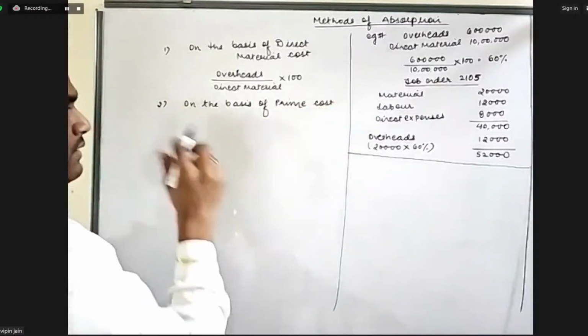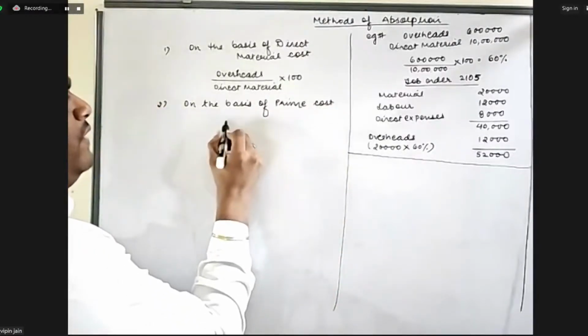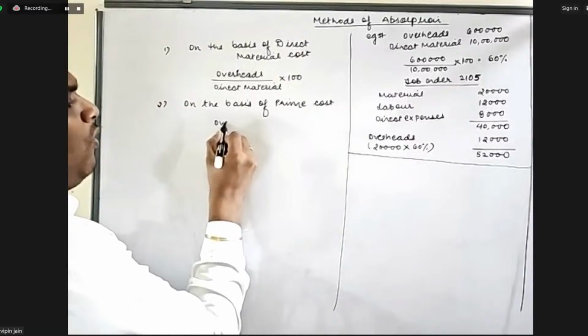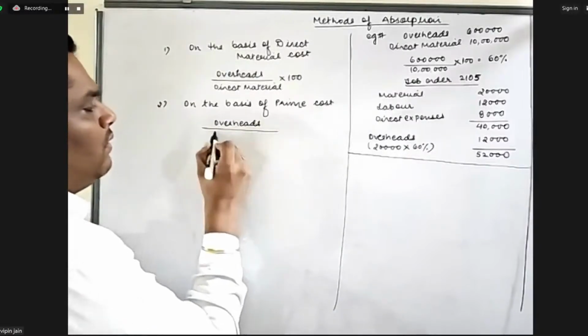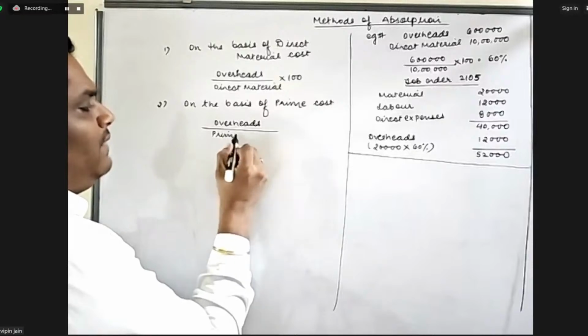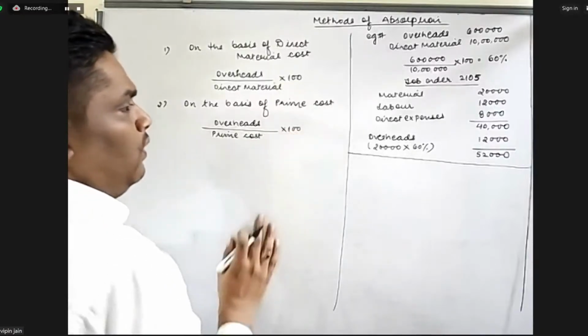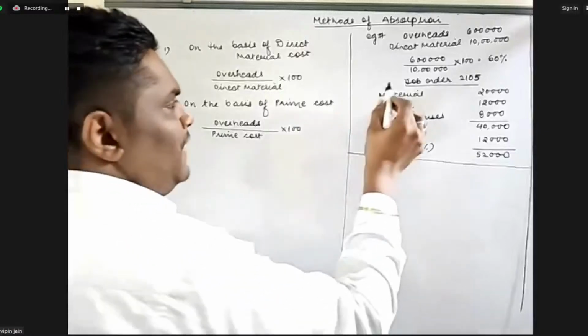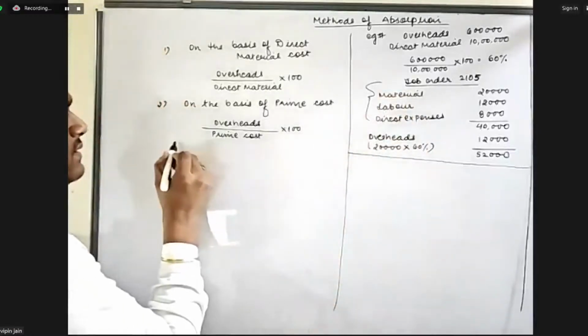Again, the absorption rate will be calculated in percentage form, wherein overheads divided by prime cost into 100. When talking about prime cost, it is the total of direct material, direct labor, and direct expenses.